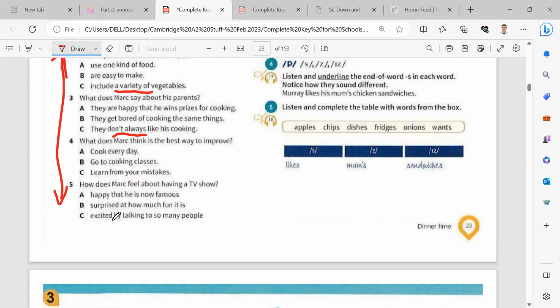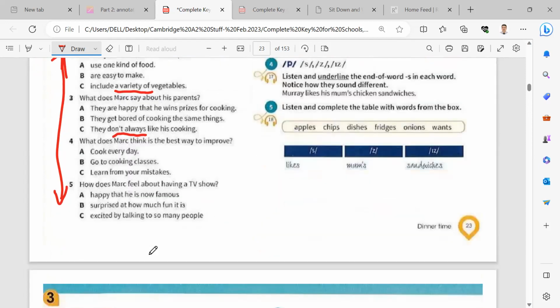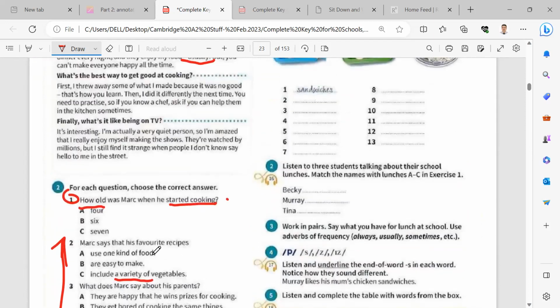Not C. The answer is not C. Okay. And I think it's B. Yes, surprised at how much fun it is. Which line? Because A and C, he can't say hello in the street.